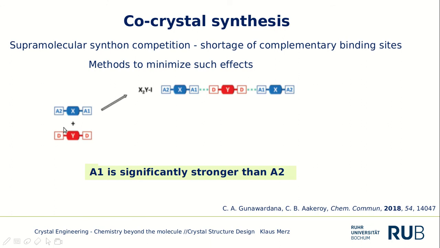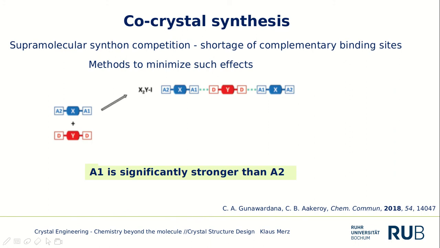Well, you have here two components. The central unit X in one component, and the central unit epsilon in the second component. Central unit X has two functional groups as acceptors, A1 and A2, and the unit epsilon has two donors, the same donor.